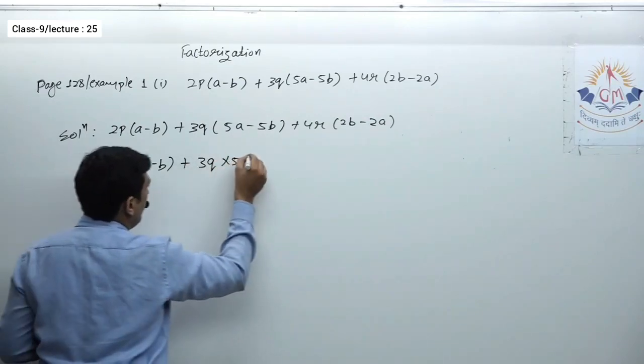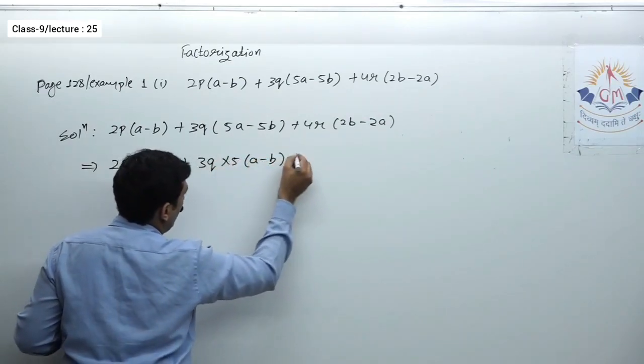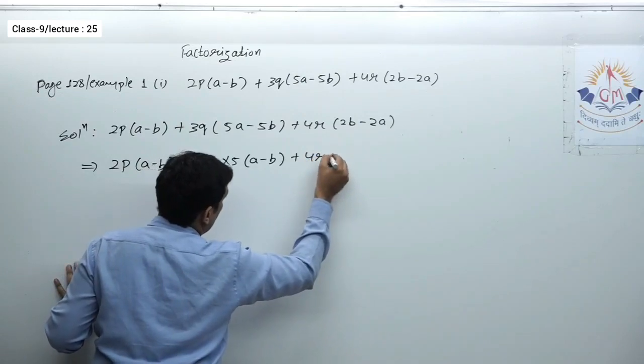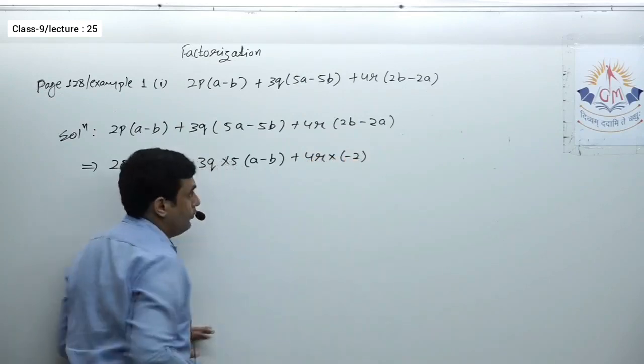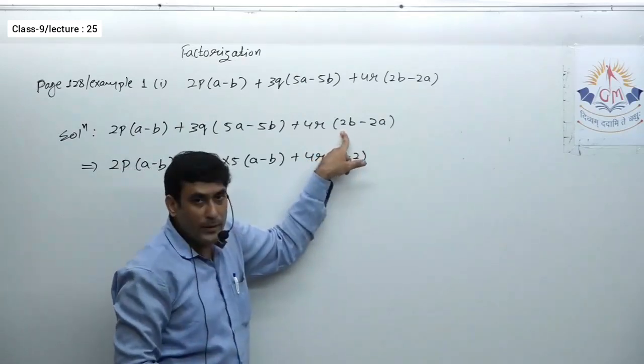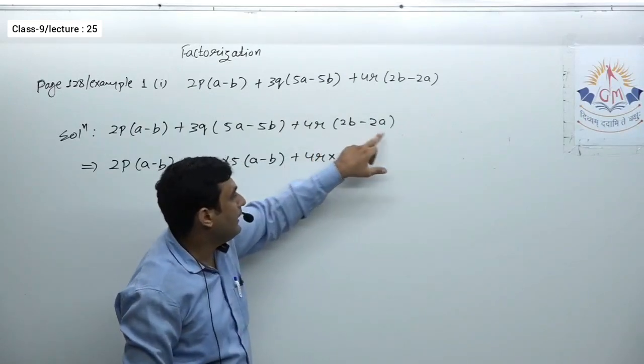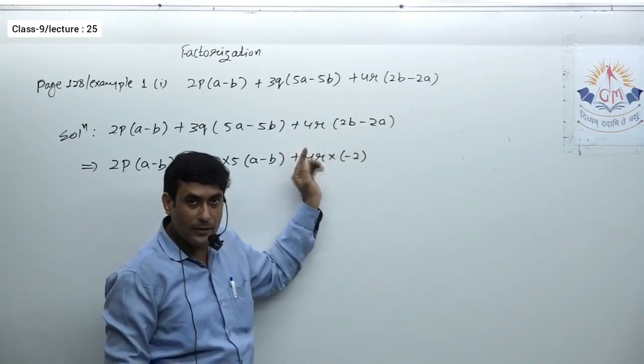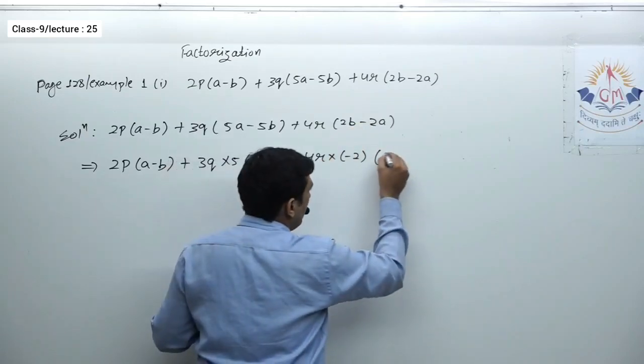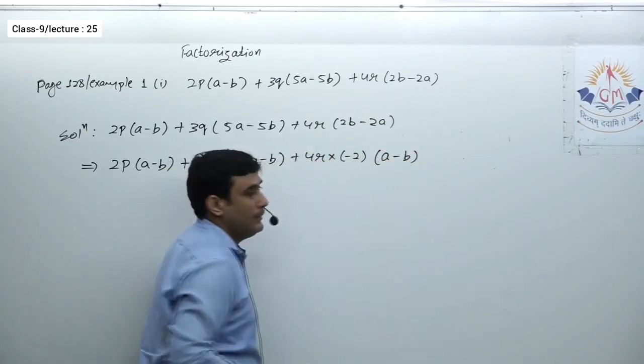I took 5 common, so here I am left with a minus b, plus 4r multiplied by minus 2. I took 2 common as well as the minus sign common. When I take 2 common, here b and a will be there, and as I took the minus sign common, instead of b minus a, here I will get a minus b.